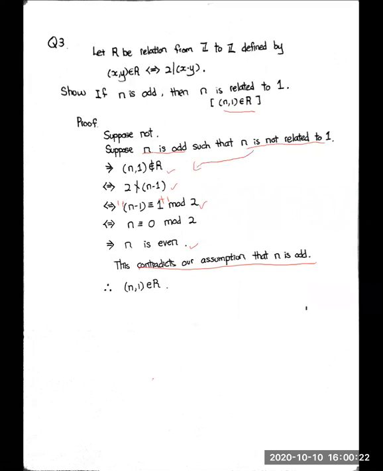Slowly deriving all the way, we have another conclusion, which is n is even. This is the contradiction, because it's impossible for n to be even and odd at the same time. So the hypothesis is correct, which is (n, 1) is an element in R.